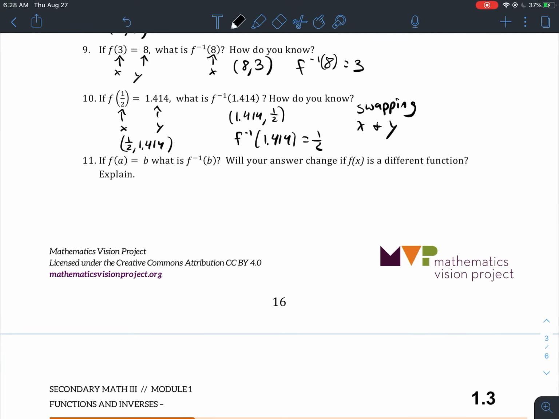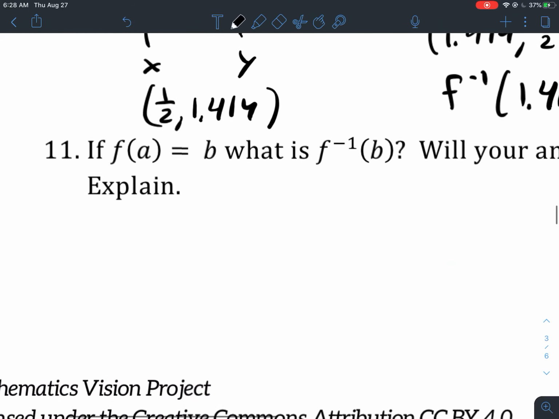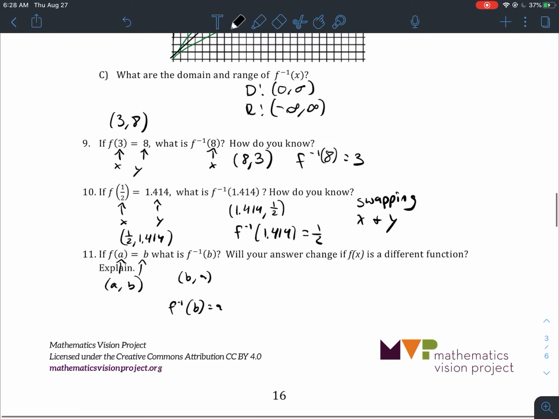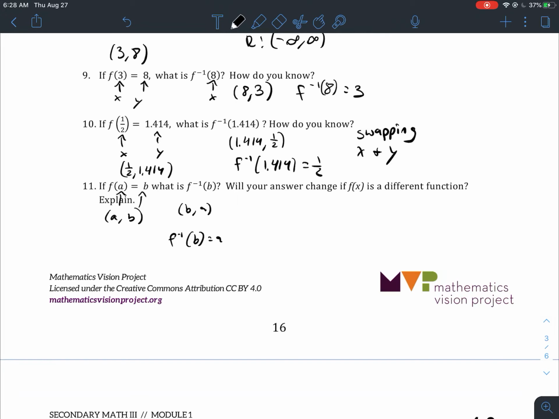Now for 11, it says, if f of a equals b, what is f inverse of b? Will your answer change if f of x is a different function? So again, our point is just a comma b. So in the inverse, it would be b comma a. So f inverse of b equals a. And will your answer change if it's a different function?